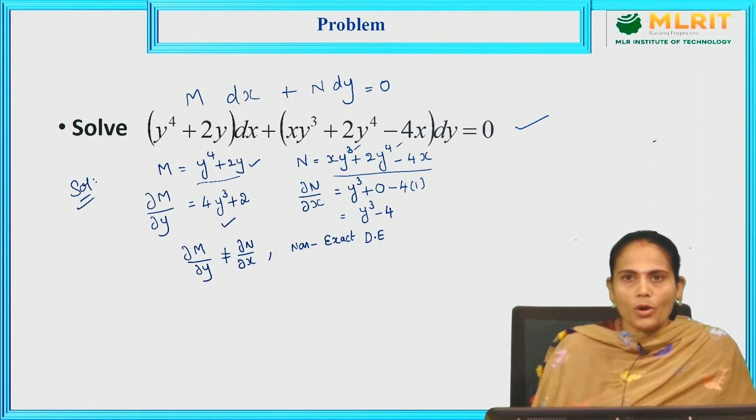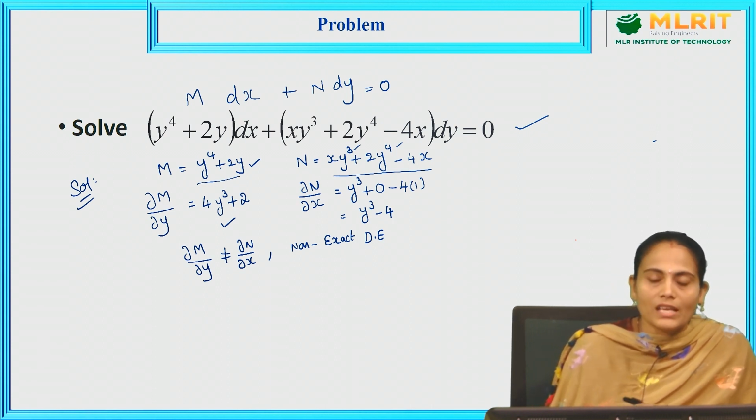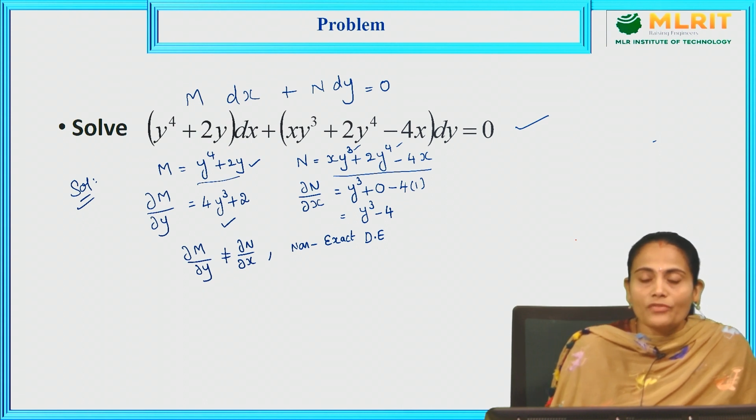In this problem I am using method 5 of finding an integrating factor. What is the value we have to find out first?